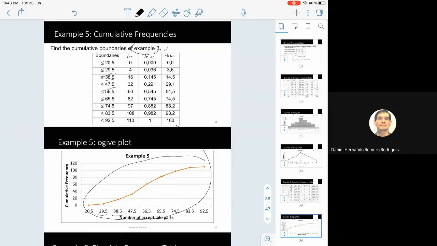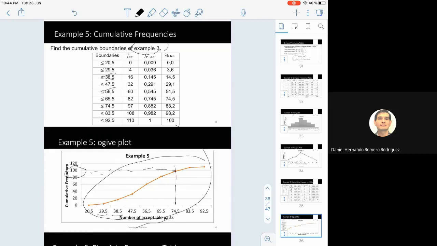One of the usages of the ogive plot is that, for example, you can claim that when the number of acceptable parts is equal to 74.5, most of the frequencies, almost 100 of the observations out of 110, are below that value.